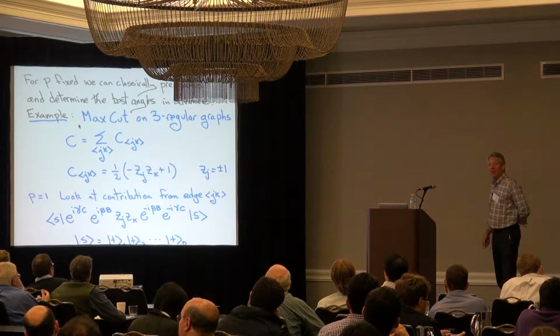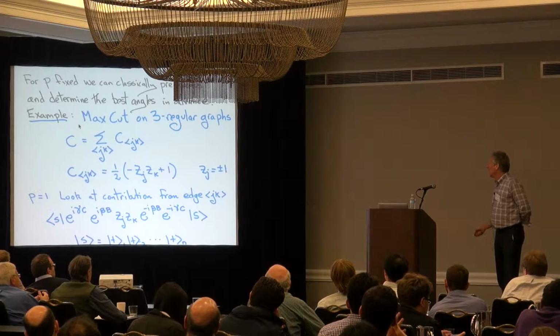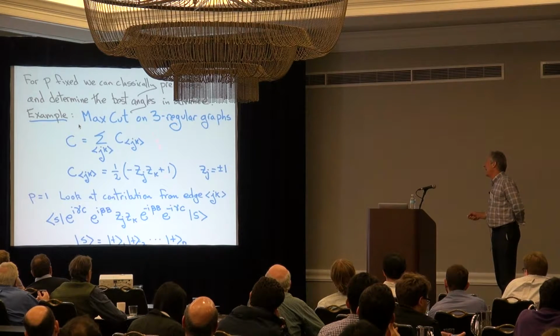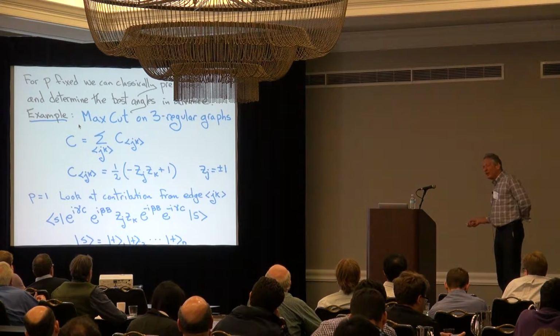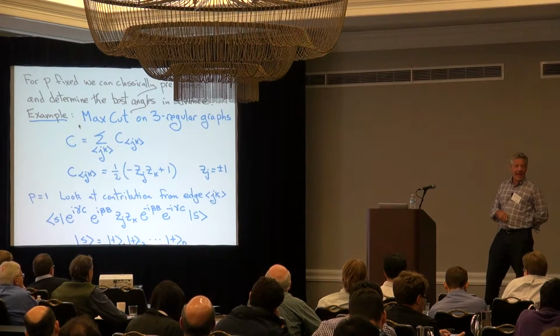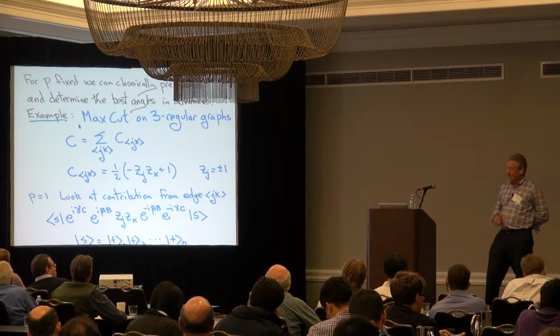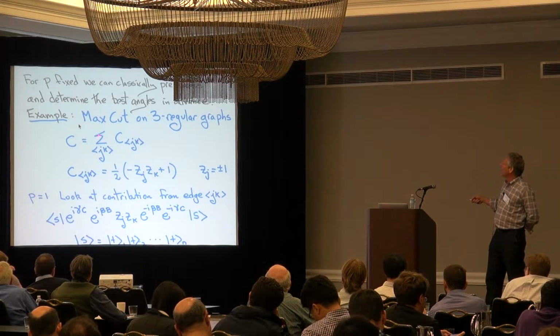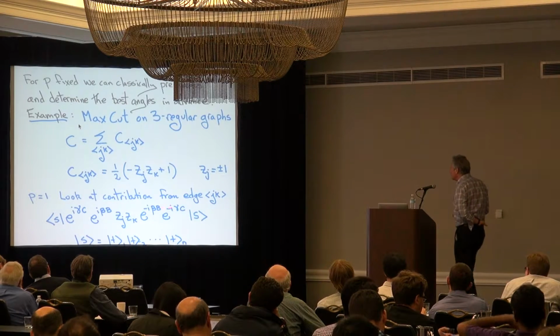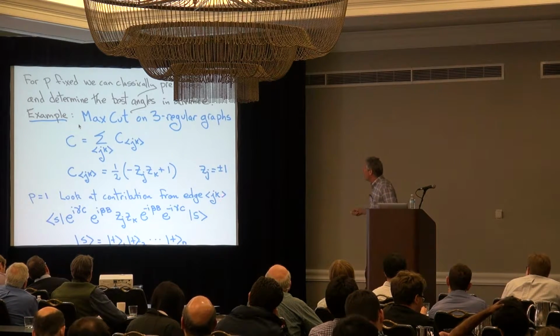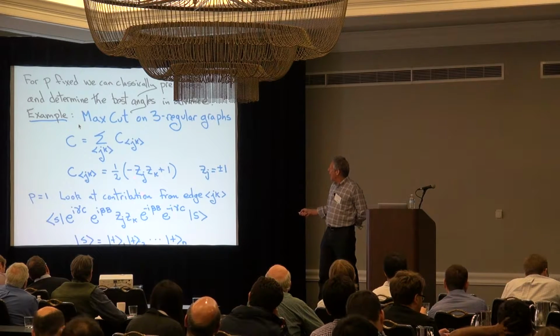And max cut is a very well-studied problem. In classical computer science, we know a lot about it, even on 3-regular graphs. So I'm going to show you now how we determine the angles in advance. Let's look at p equals 1. Again, now we're going to another example. So p equals 1. Let's look at the contribution to edge jk from the algorithm.